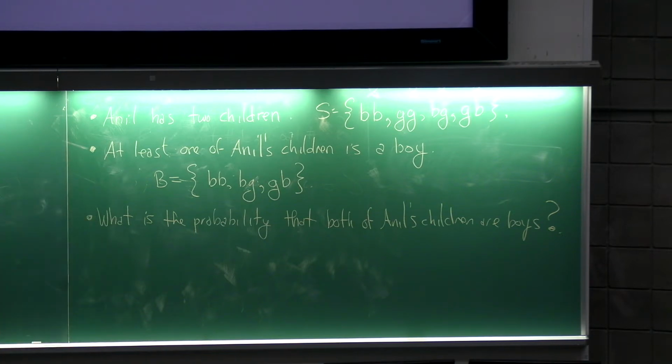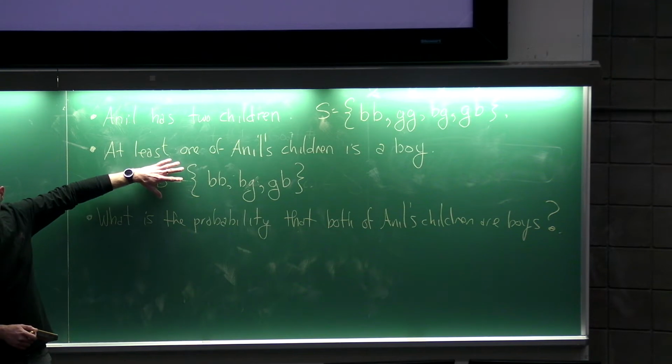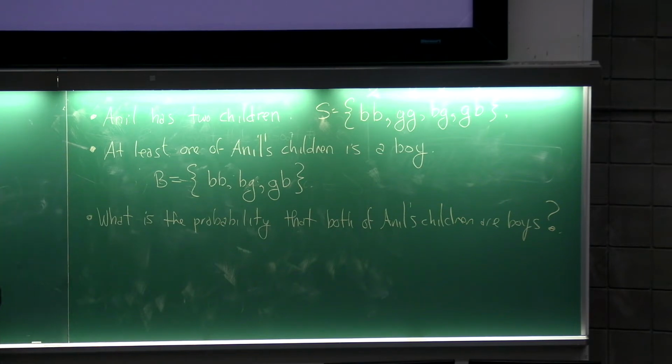But even before I wrote down this set B here, you might have thought, okay, so Anil has 2 children, at least one of them is a boy, and the question here is saying, well, what's the probability that the other one is a boy? So what would you think the answer to that should be? Yeah?